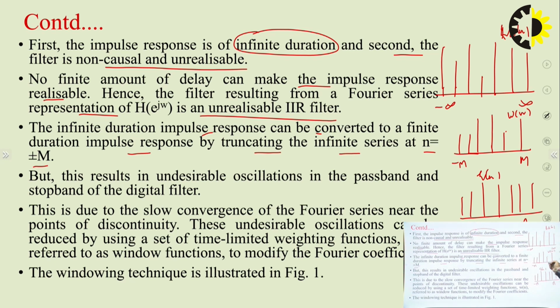Here n varies from minus M to M, so the total number of terms in the impulse response will become 2M plus 1.